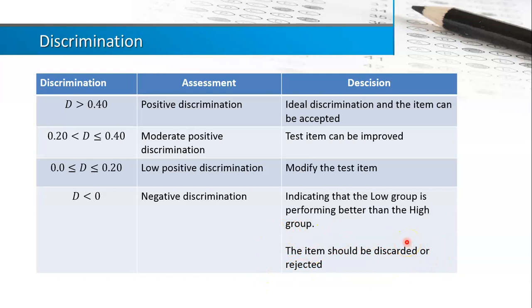Or you need to check back your item whether you have made some mistake there, by putting a distractor as the key answer instead of the real key. So once you have a negative discrimination, check back whether the item is scored correctly.